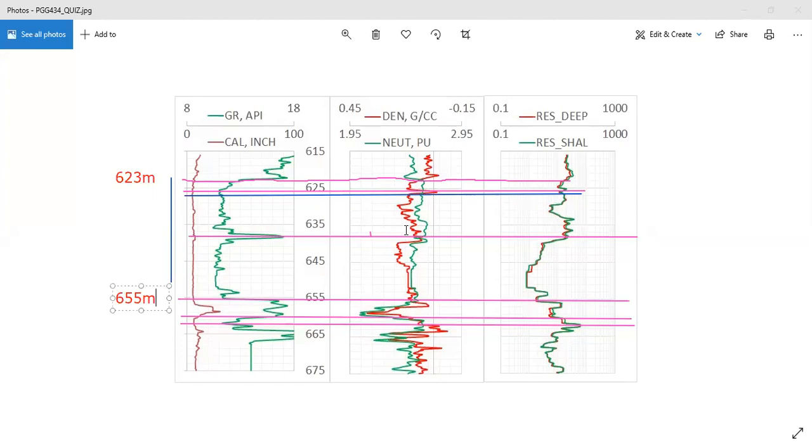Continue, L'Oreal. Okay, so I think I noticed that you took out the shaly parts. Yes, you have to take out the shaly parts.